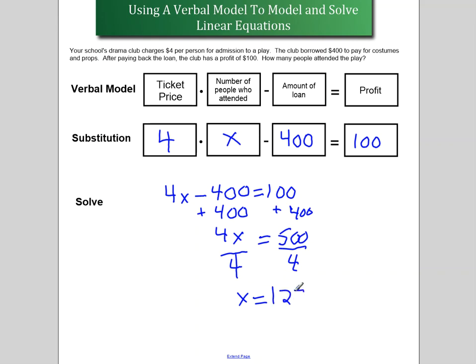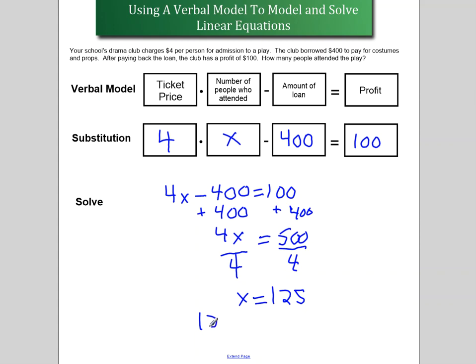So it's 125. But that's not how you want to leave it. You don't want to leave it just as 125. Word problems always have context. What is it 125 of? I have no idea. Always when you're writing your final answer, make sure that you're discussing that number that you get, and you're evaluating x in the context of the problem. The problem is asking how many people attended the play. So it's not just x is equal to 125 and I'm done.